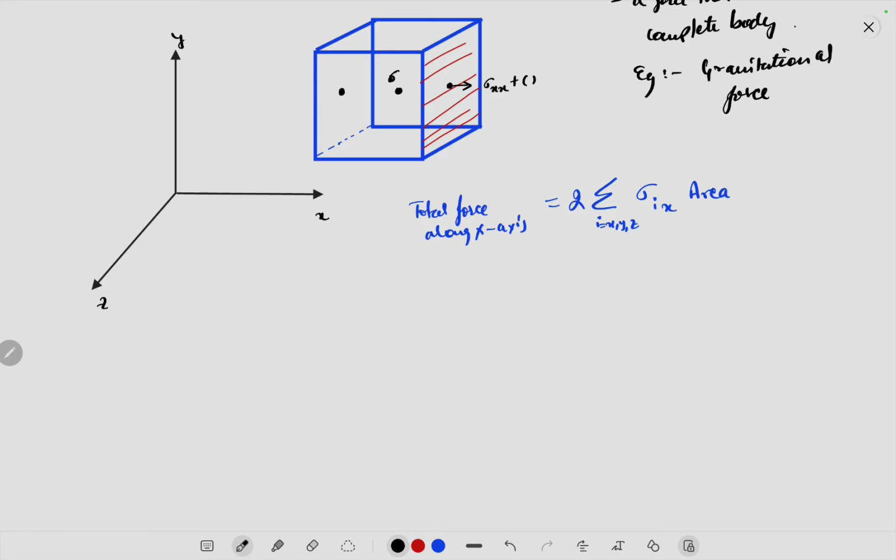So let's just write this. Let's say this is surface 1. So the force on 1 along the x axis will be, so this is the total stress force along the x axis due to stresses.